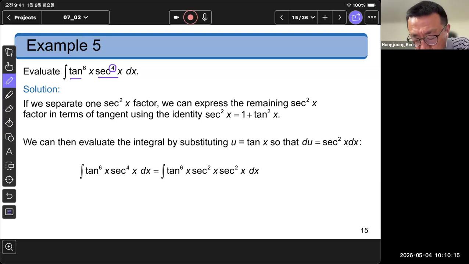You need to separate secant x squared. So you rewrite secant x to the fourth as secant x squared times secant x squared.